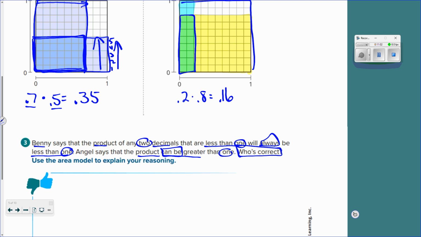Okay. The reason you thought Angel is correct, I appreciate the fact that you're looking at the testing. Normally, if it says always, that is going to be false. Why?